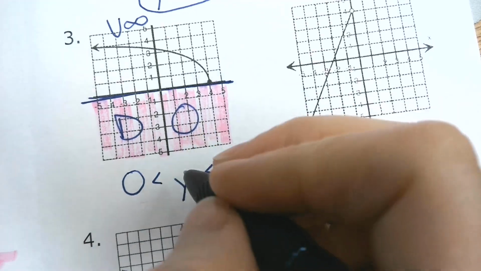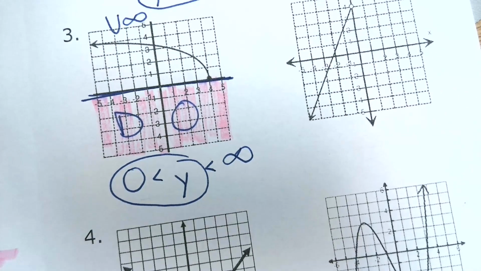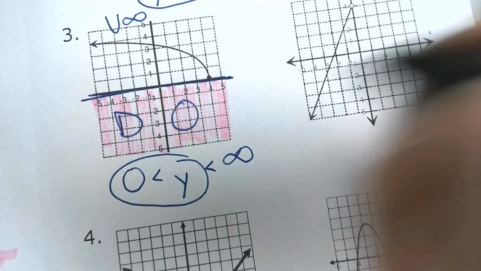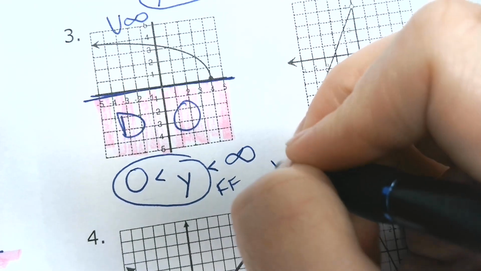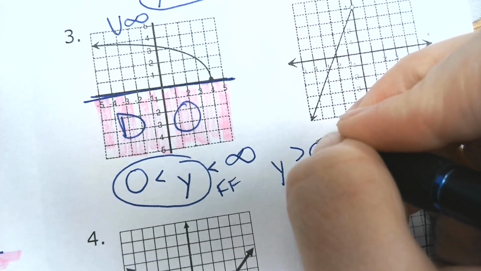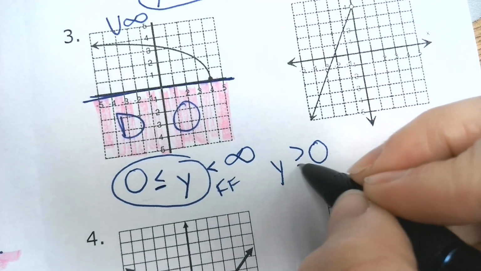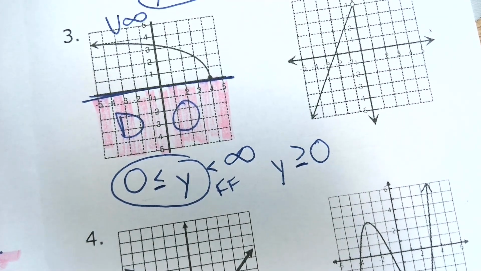Okay, so we need to simplify this. So we're going to do the whole flip-flop. And this is y is greater than 0. It is closed. Good job. Don't forget that. We almost forgot it. Good job.